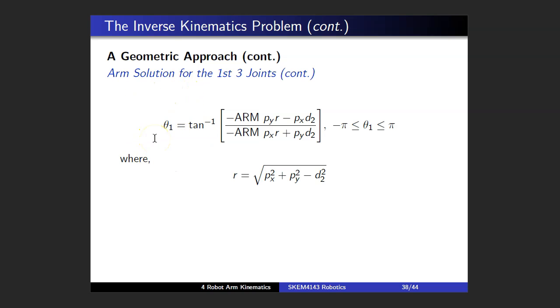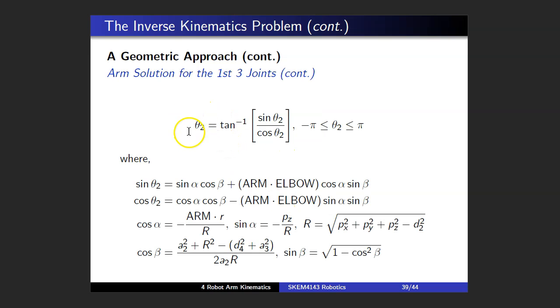Even though in practical applications we have to compute theta 1 up to theta 6 for every desired configuration of the robot arm, in our interest we will only be looking at theta 1, theta 2, and theta 3. In order to compute theta 1, we need R, and in order to compute R, we need D2. So to compute theta 1 from our DH parameters, it seems we need D2 and also D6.